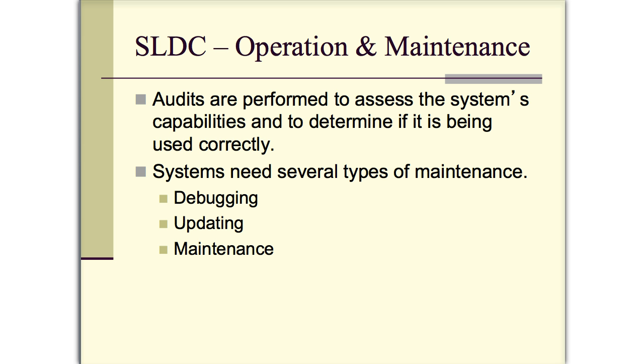You're going to have further debugging where you're finding issues. No system, especially large-scale systems, is perfect. There may be updating of the system that comes along, adding new functionality, new versions of the system, things like that, and then just general maintenance. You could be adding new features without actually disturbing the operation of the system itself.